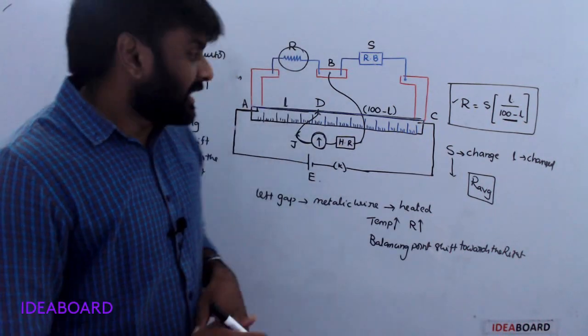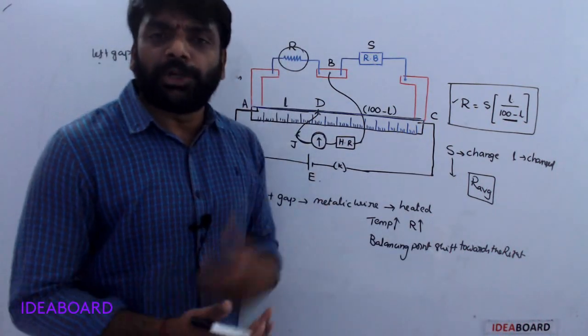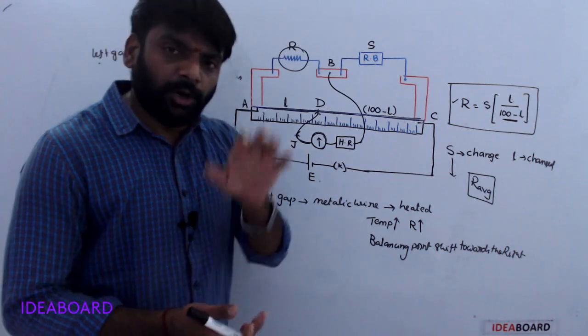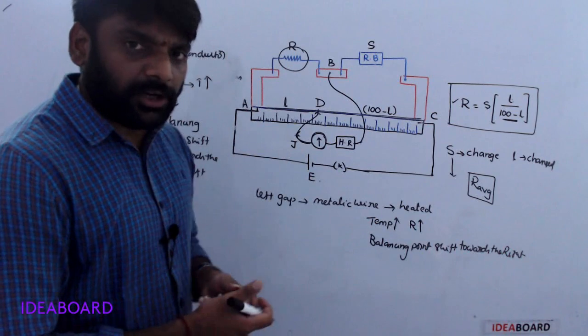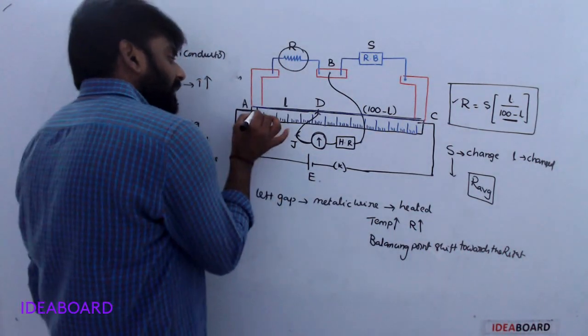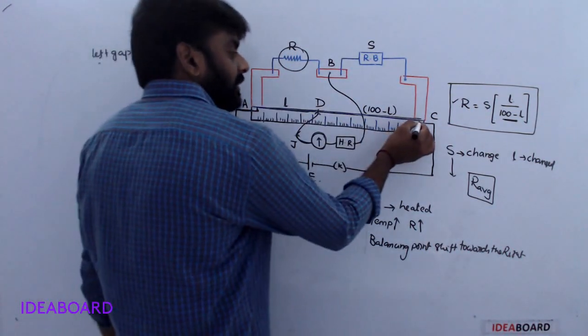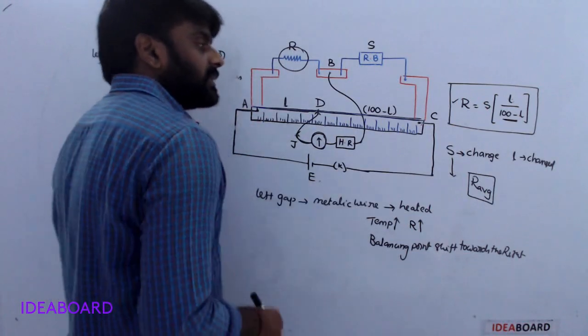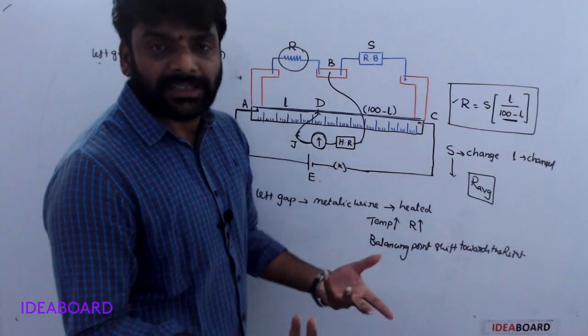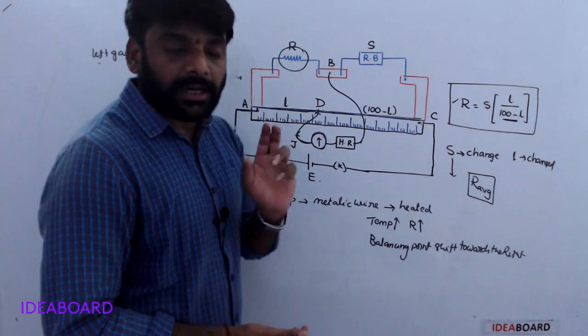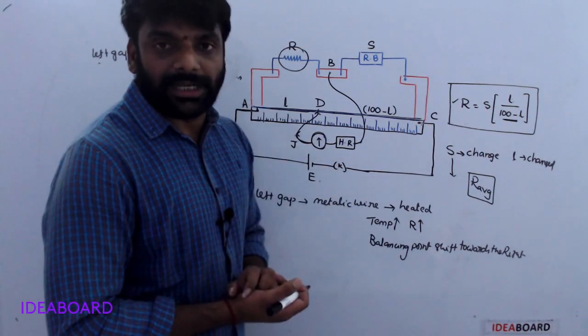Next, drawbacks in this meter bridge. It is not useful to find out very low resistances and very high resistances. Because to find very low resistances, see, here some bolts are there. These also have some resistance. That means it does not give the correct value for low resistances.